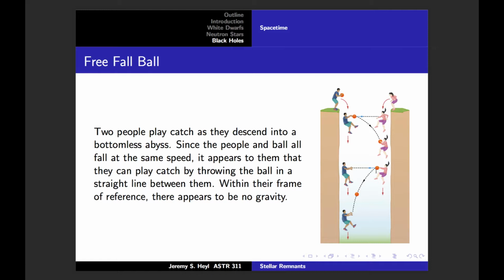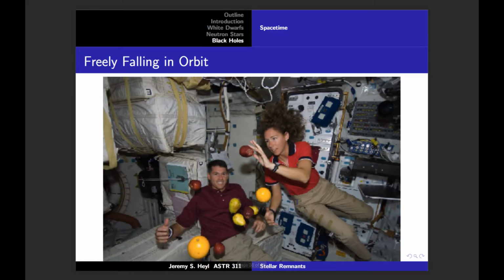Here's another, more exotic example, of astronauts organizing their fruit bowl on the space station. If you think about it one way, they're going in orbit around the Earth, and gravity is pulling them in a circle, and they're falling with the space station in the same circle, and everything sort of cancels out.